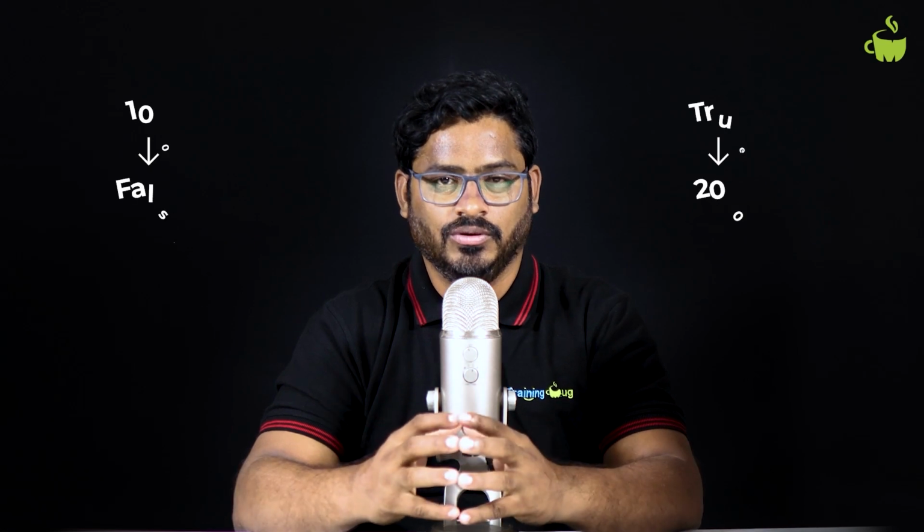But now the question comes, can I convert a number into a character? Or can I convert a number into a boolean? Example, can I convert 100 to false or true to 200? That is not possible, right? That is why when you're using data type conversion, it is very important that the types must be convertible.